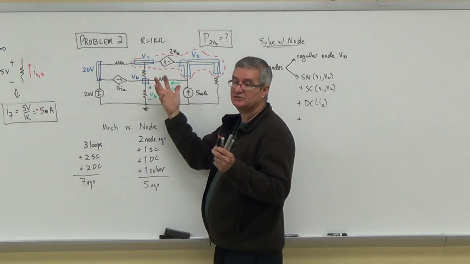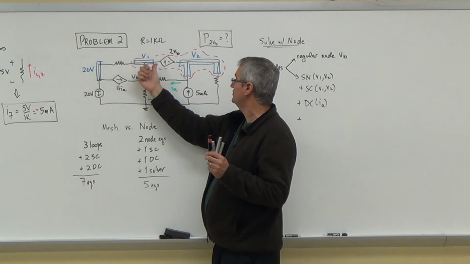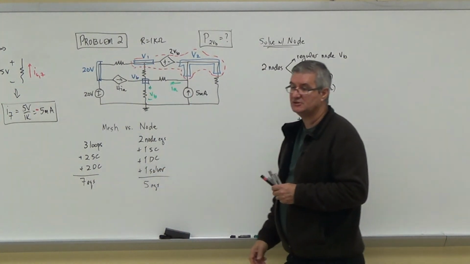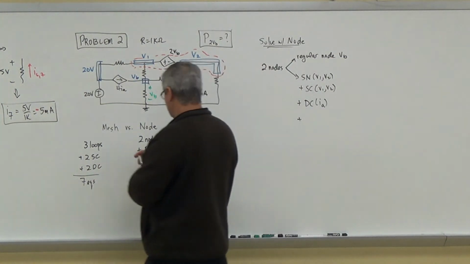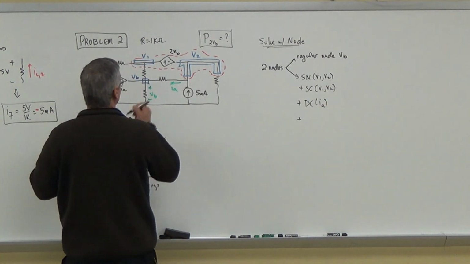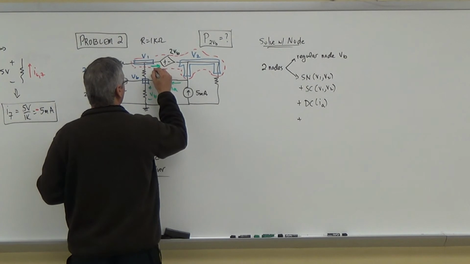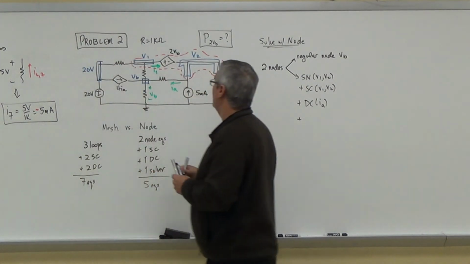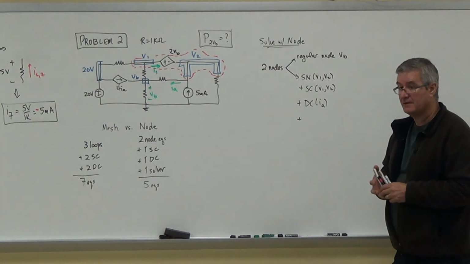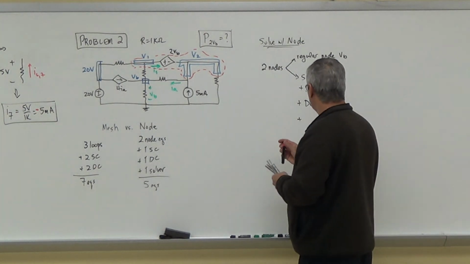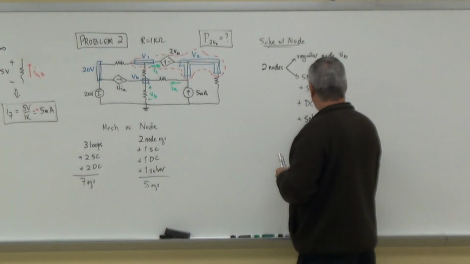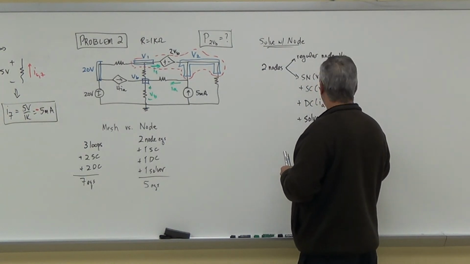I don't know which direction the current goes. Do you want to choose the current this way or that way? It doesn't matter. Since Carl told us which direction to go, we're going to go this way. How about if I call this I1? And so now I need a solver here for current I1.